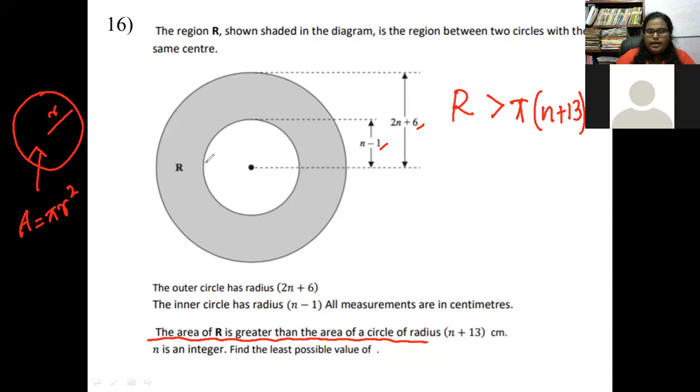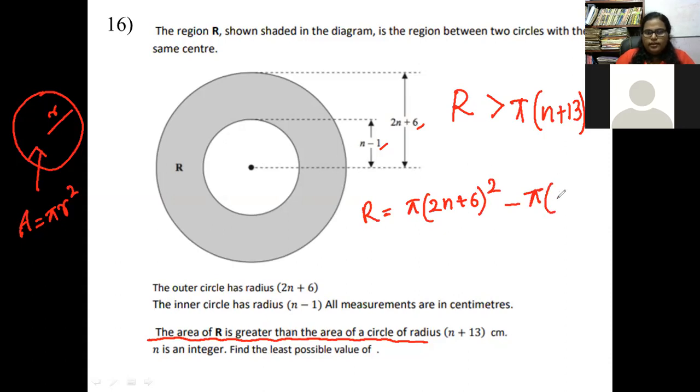So this R can be written as the difference between two circles. So you know that the area of the outer circle should be pi (2n plus 6) square, and you have to subtract the area of this inner circle.